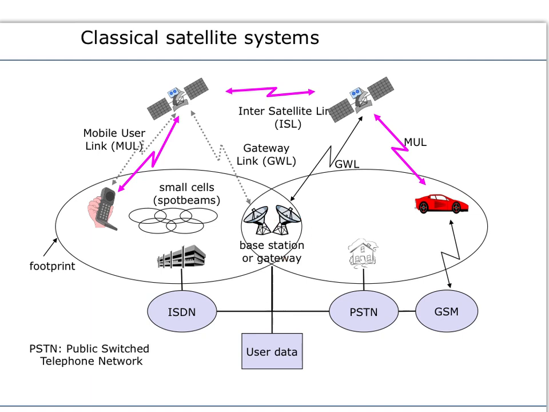A base station or a gateway can, in fact, communicate with multiple satellites, right? In which case, it has information about which user is connected to which satellite at any point of time, okay? And at the same time, it interfaces the satellite communication to the different types of technologies, whether it's GSM, 3G, 4G, whatever, okay?